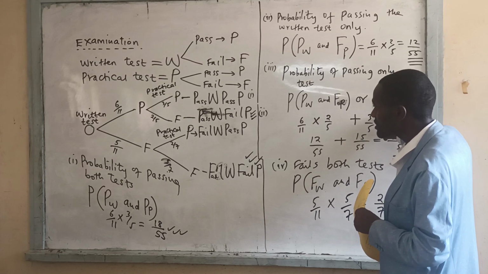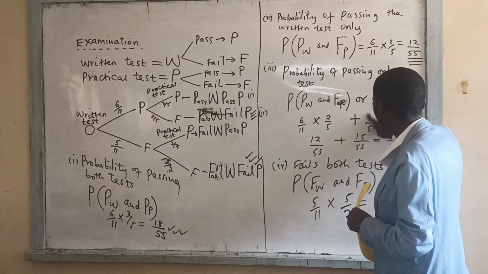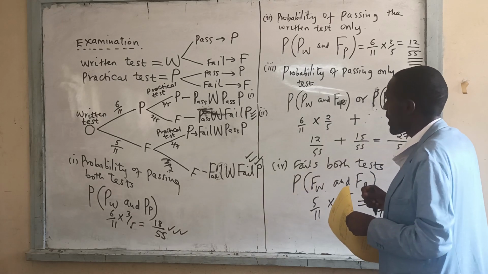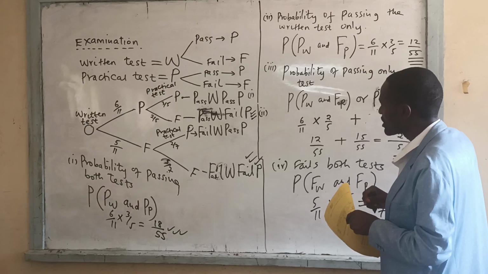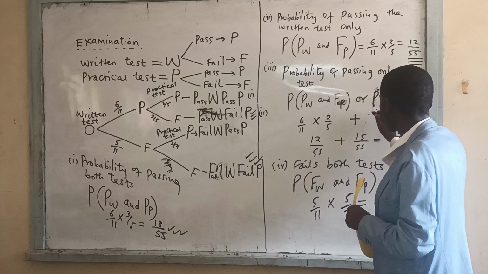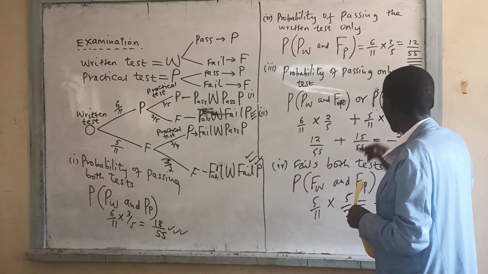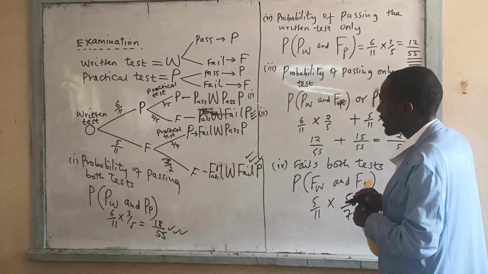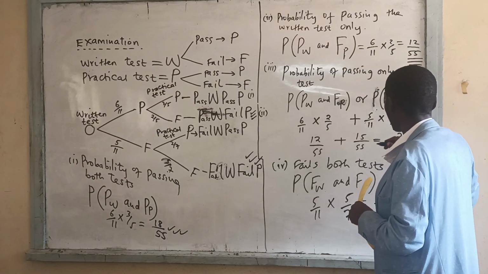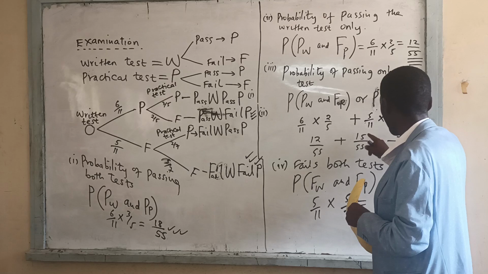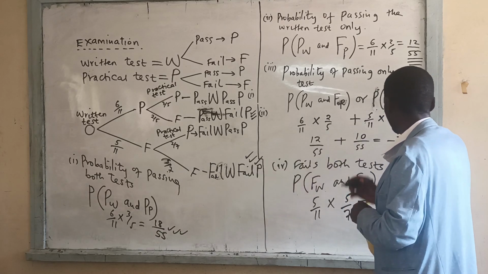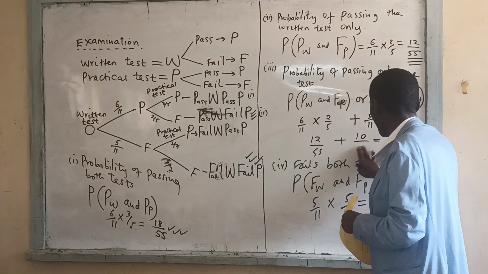There's a mistake here. So we are going to have pass practical and fail written. So fail written 5 over 11 multiplied by pass practical 2 over 7. That is going to be 10 over 77.